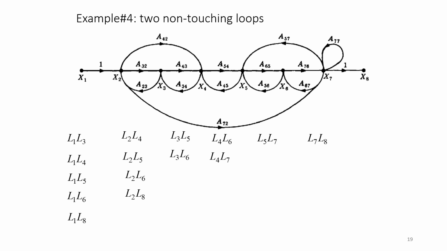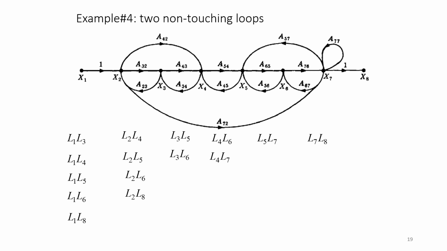Now coming to the non-touching loops. Here, the two non-touching loops you will get are L1 L3, L1 L4, L1 L5, L1 L6, L1 L8, L2 L4, L2 L5, L2 L6, L2 L8, L3 L5, L3 L6, L4 L6, L4 L7, L5 L7, and L7 L8.